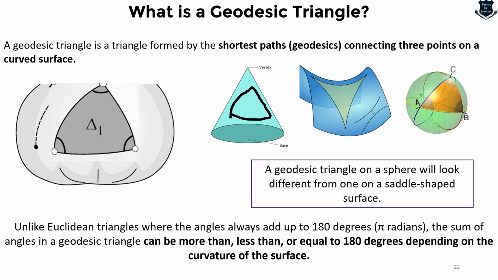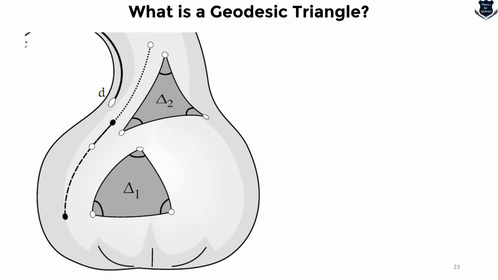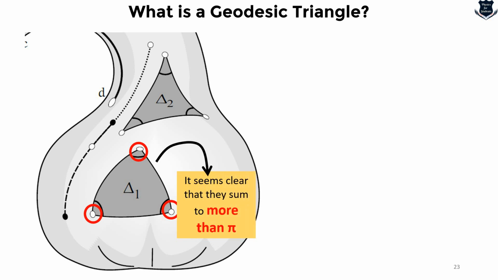Now we will look into this kind of formation of a geodesic triangle. So here are the 3 points we have taken. Okay, and looking at this triangle, that is triangle 1, it is clear that it sums up to more than pi. That means epsilon of triangle 1 will be greater than 0, obviously, like a triangle in spherical geometry.